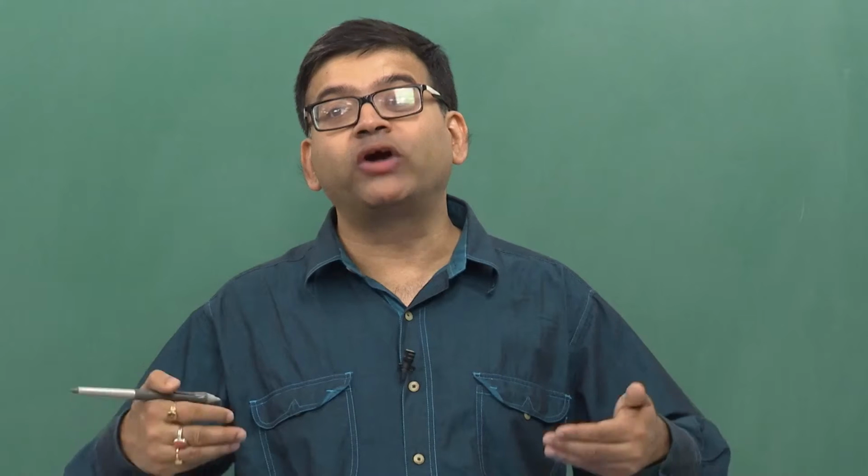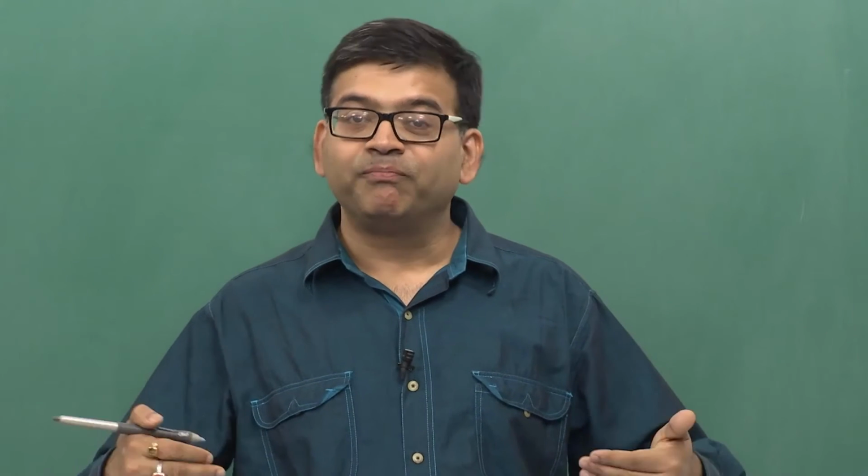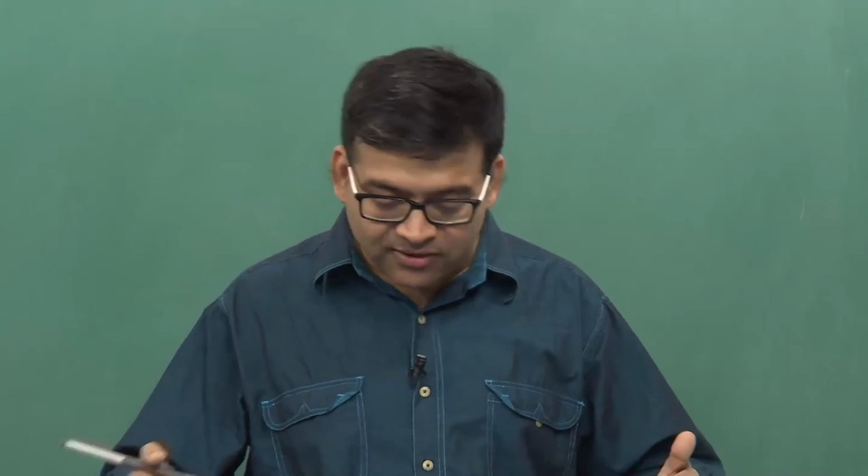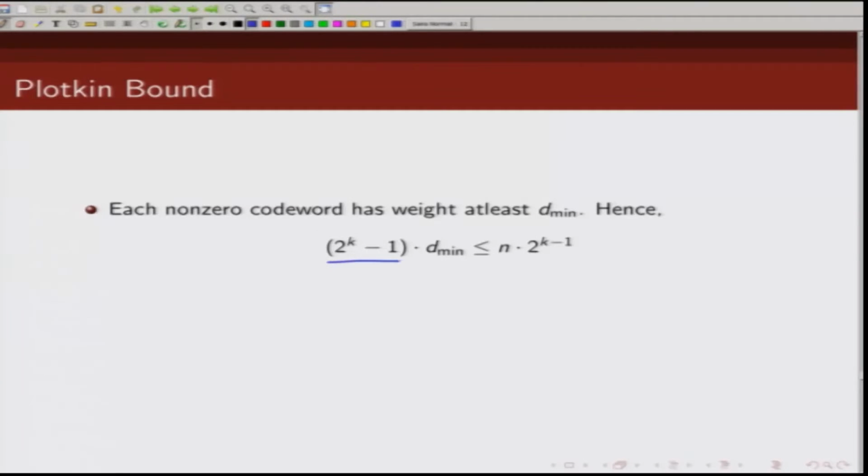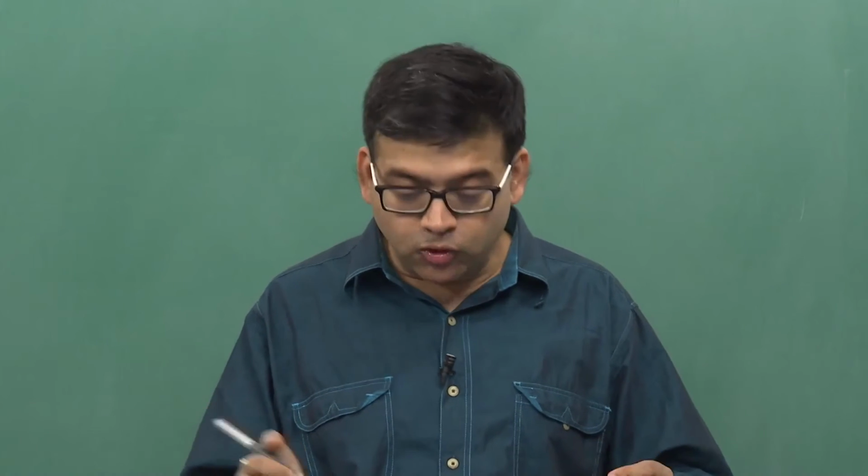So, the remaining 2^k minus 1 code words will have minimum weight. Minimum distance is equal to the minimum weight of a code word. So, the minimum weight of a non-zero code word must be at least d min, because d min is the minimum distance of the code.